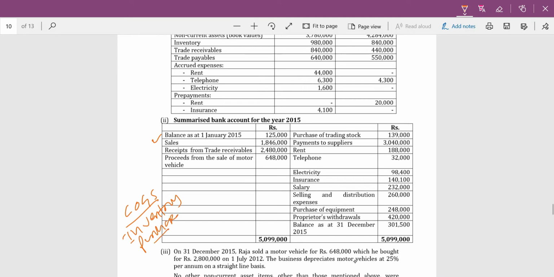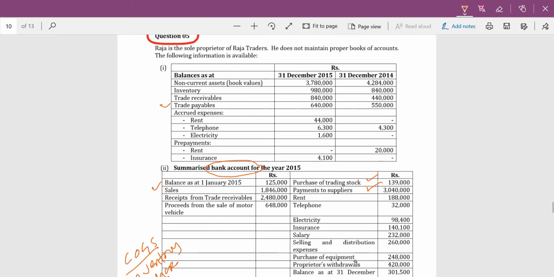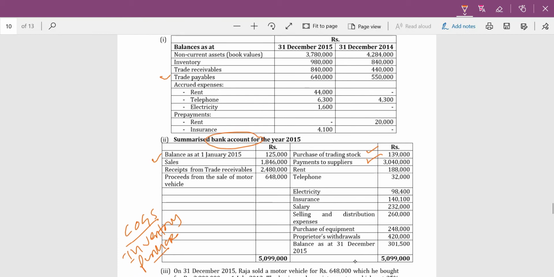The purchases are not given, but you are given the bank account, cash payments and receipts: purchase of trading stock and payments to suppliers. These are the two pieces of information available to identify the purchases, and you are also given the trade payable opening and closing balances.